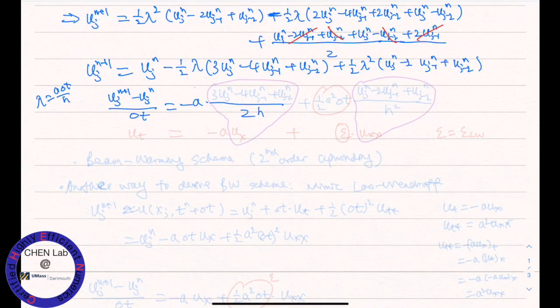We have 2h and 3 u_j^n minus 4 u_{j-1}^n plus u_{j-2}^n, alright? Plus, you get a 1/2. You have a squared delta t squared. We divided by delta t, we have 1 delta t left. So you get a squared delta t. It was delta t squared, but again, we divide by 1 delta t. And then let me put h squared here. You get u_j^n minus 2 u_{j-1}^n plus u_{j-2}^n, right?